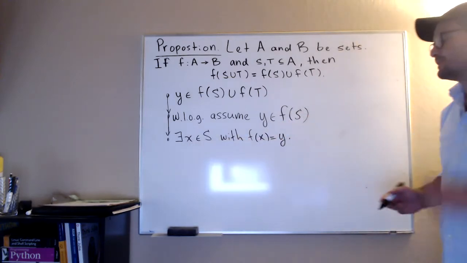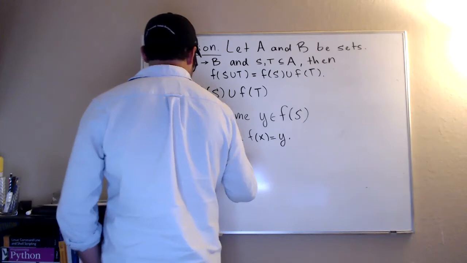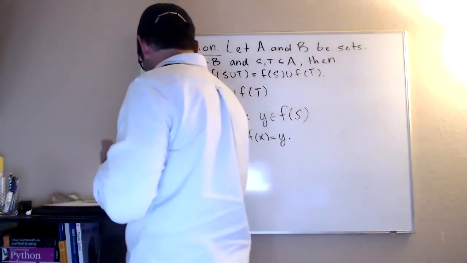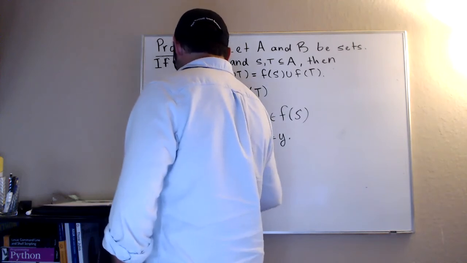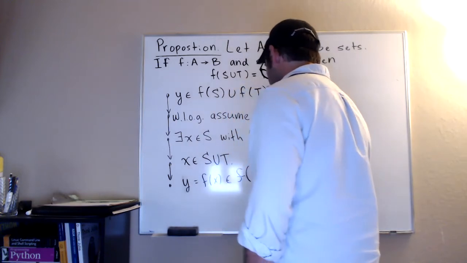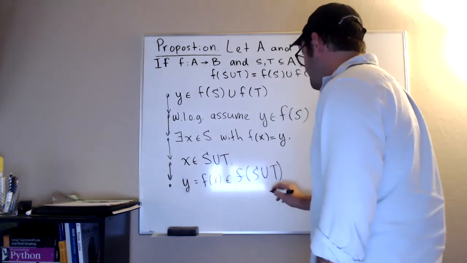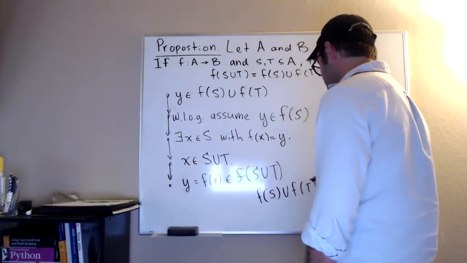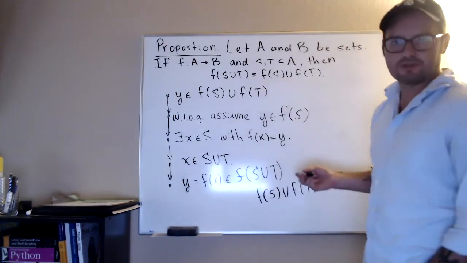Call it X. So in particular, if X is in S, then X is in S union T, which means that Y equals f of x must be an element of f of S union T. So what we've just shown is that that's a subset of this. So they're subsets of each other, so they must be equal.